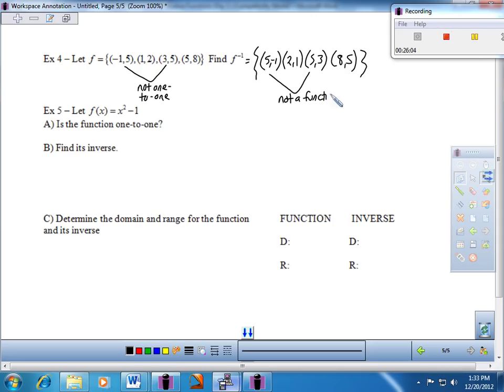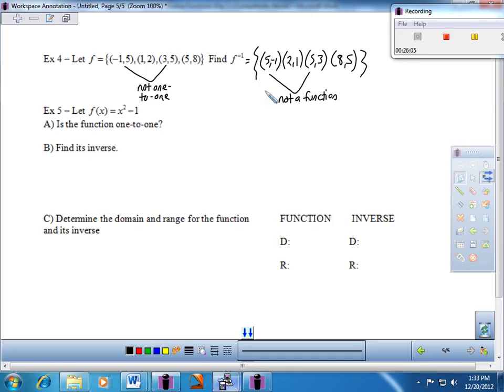So if the function is not one-to-one, and you can see that here, then this 5 can't produce two different y values. It can't produce the -1 and the 3. So it's not a function. Again, it's not part of the problem. This is still the inverse, but it's just not a function independently, that's all. Okay, not bad. Just thought I'd throw that out there before doing the last one of the day.